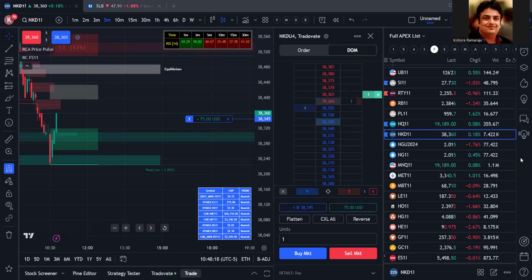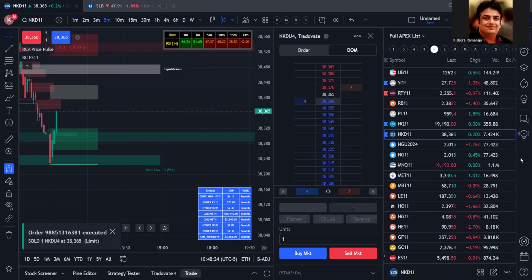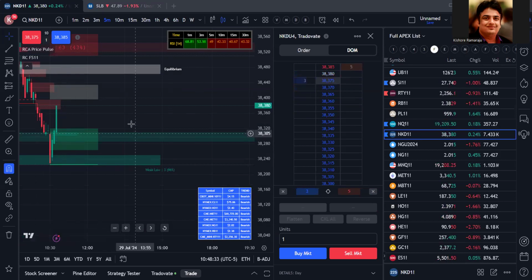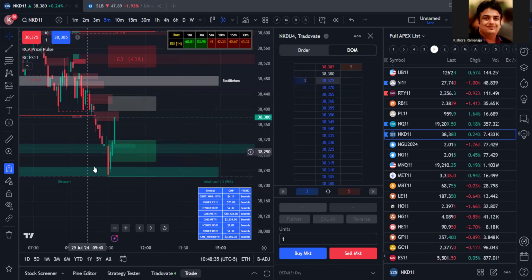And $100, if you have more number of accounts, that is right. For example, if you have 20 PA, that is 2000. So it already made nearly over $150. That's it. We just need to look for one or two good trades per day.